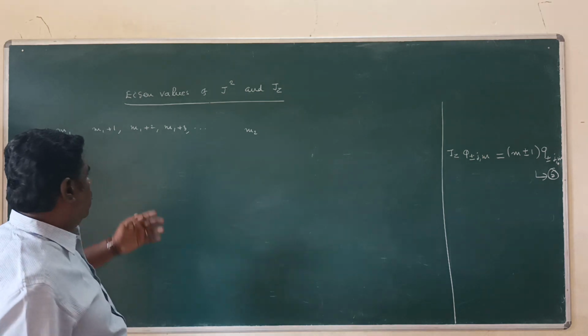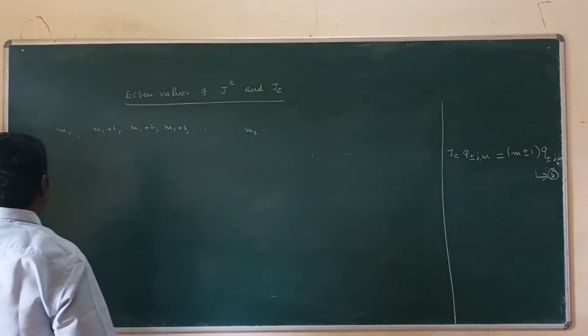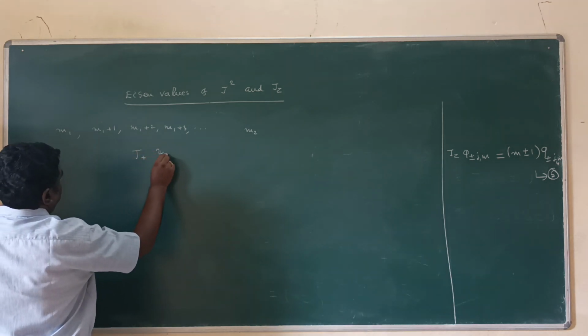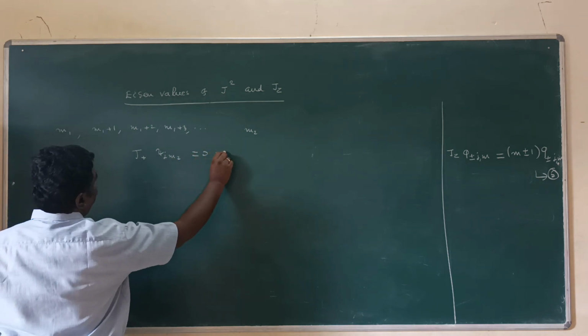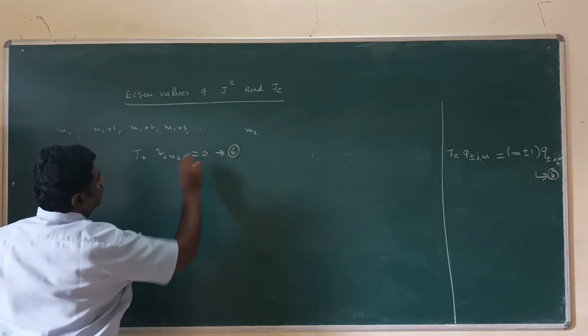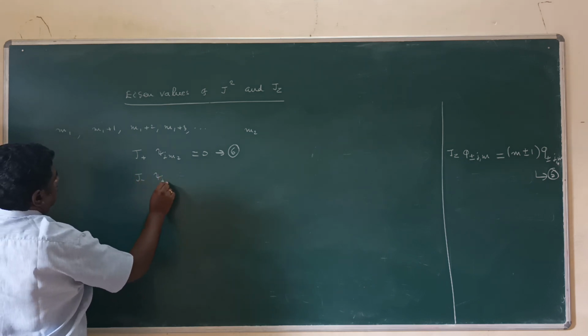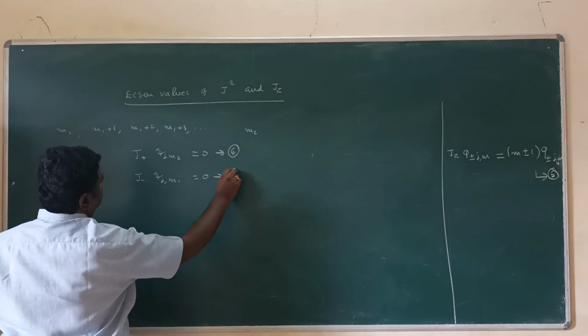With the help of this spectrum, we can develop two equations. J+ ψ(j,m2) = 0. This is equation number 6. Then J− ψ(j,m1) = 0. This is equation number 7.